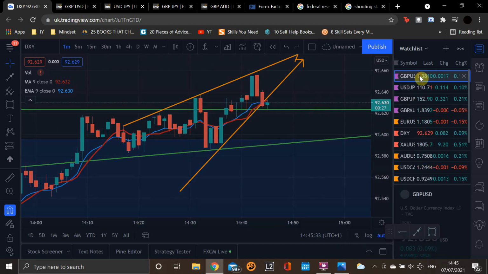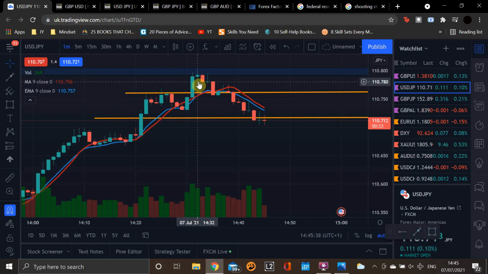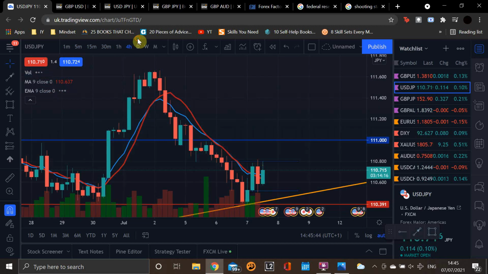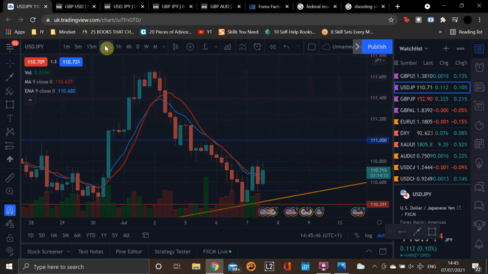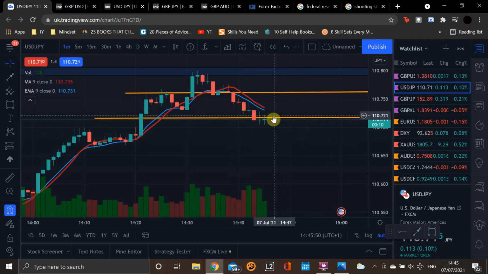Everything is confusing me at the moment. Okay, let's go to USD JPY because I'm on that one at the moment. Lots and lots of dojis going on here. It could reverse, so I could maybe get in on a trade again.